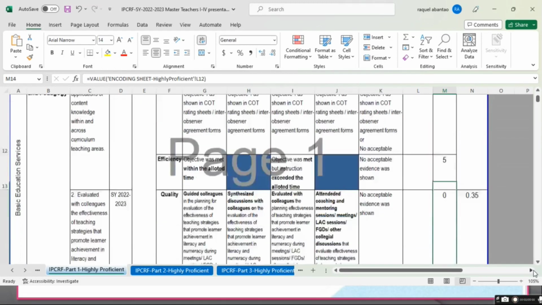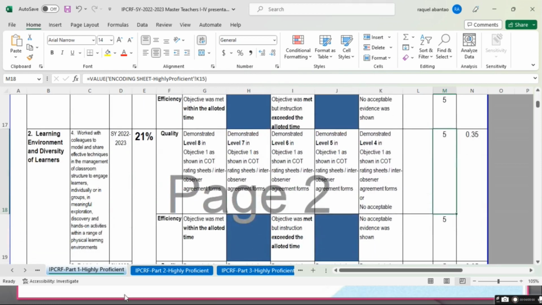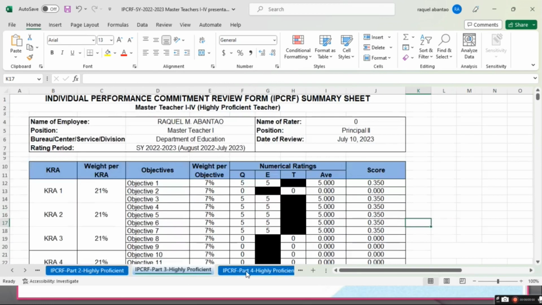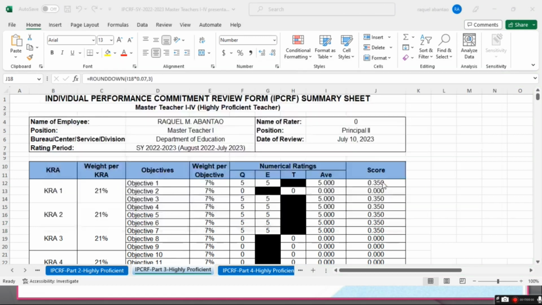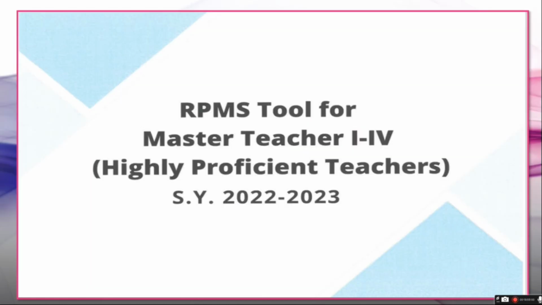Ayan, automatic na po yan nag-appear dyan. And of course, nag-appear na rin yan sa ating Part 3, which is a summary sheet of our IPCRF. So, may score na tayo para sa lahat ng classroom observable indicator. With that, unti-unti na po natin nagagawa ang ating RPMS tool for Master Teacher 1 to 4 or the Highly Proficient Teachers. Natapos na natin ang lahat ng Classroom Observable Indicators.